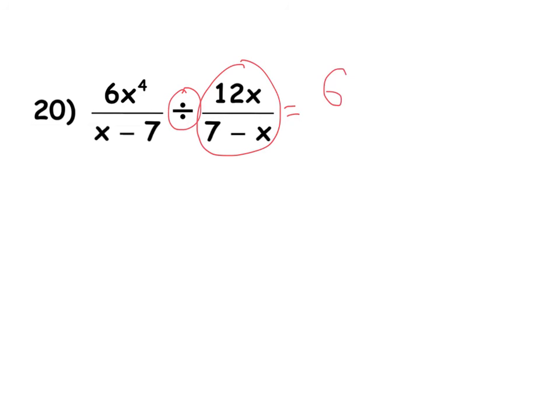So, 6x to the fourth over x minus 7, I'm going to leave exactly how it is. Second fraction, I take the reciprocal, 7 minus x over 12x. And now my division problem becomes a multiplication problem. Silly mantra, you were worried for no reason.